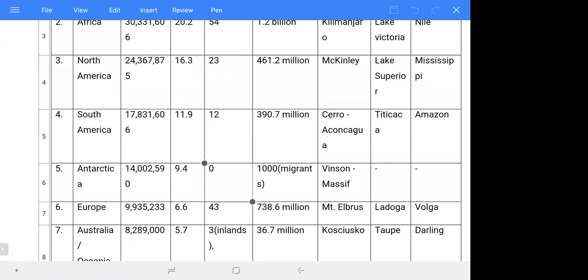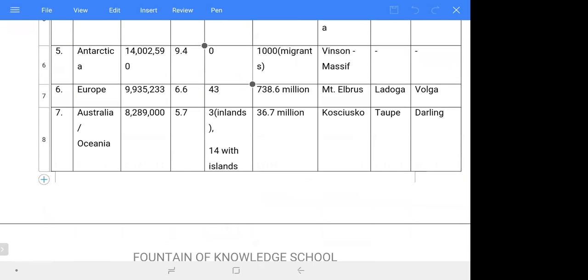Maybe some of you know, there is a baby born in Antarctica, only 1, yes? But the rest are migrants. Then the highest point in Antarctica is the Vinson Massif. It's still snow covered, but that highest place is Vinson Massif.